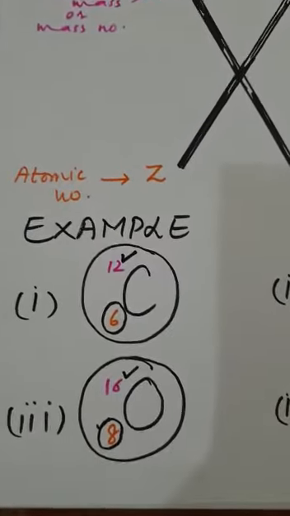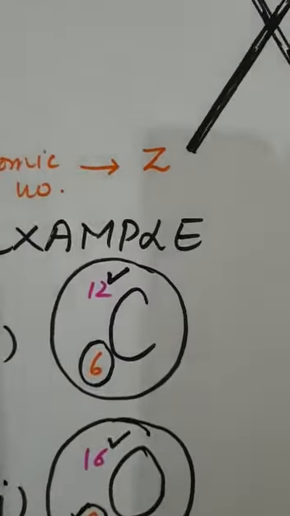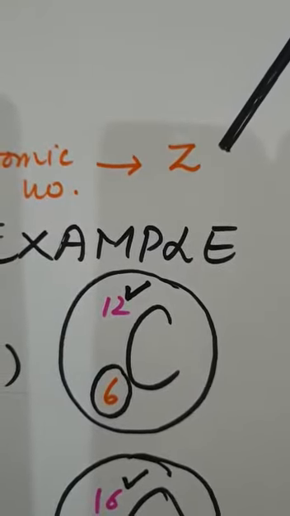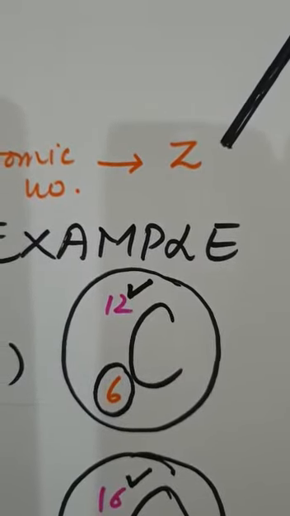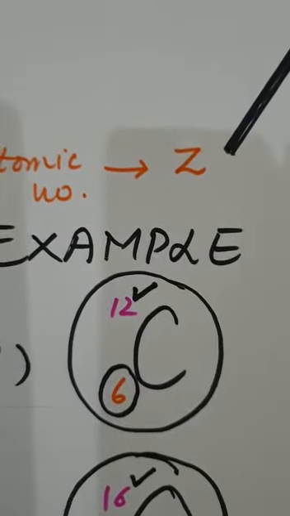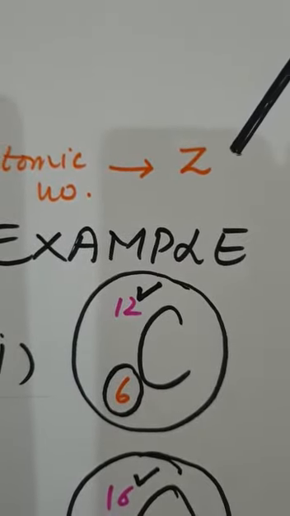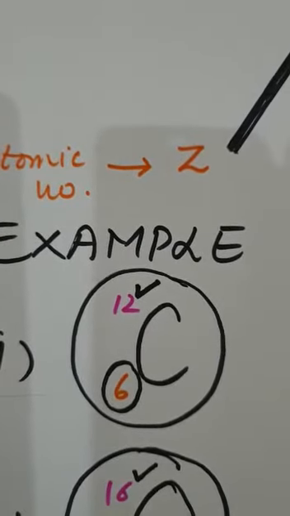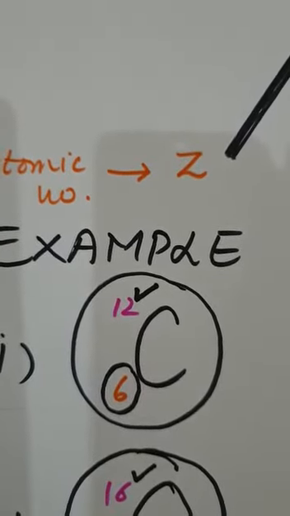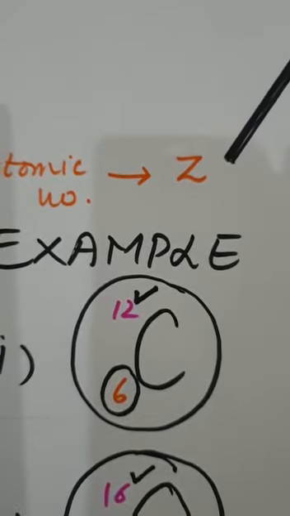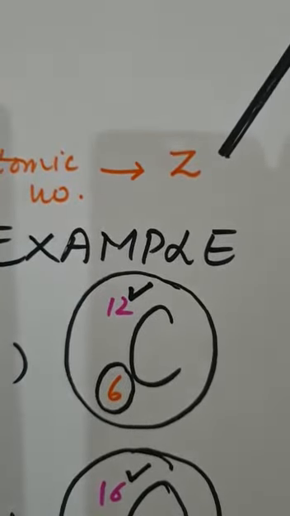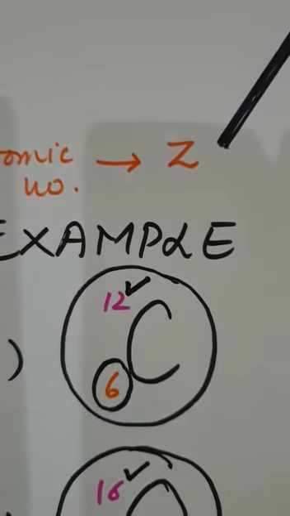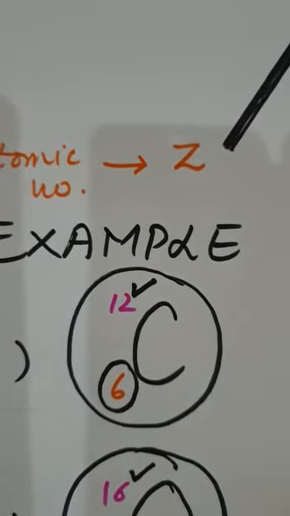For that, we take the first example, in which 12 is the mass number of carbon and 6 is the atomic number. 6 will be written below the symbol, and 12 will be written above the symbol. That particular written manner is very important, how you write the mass number and how you write the atomic number.